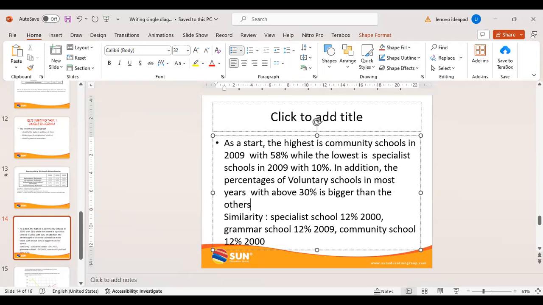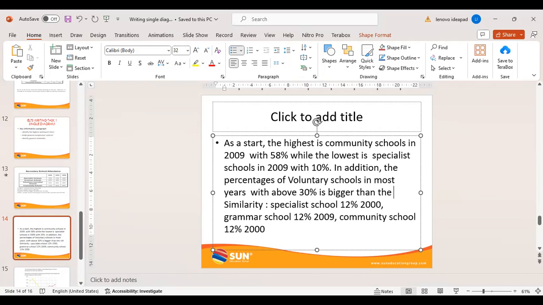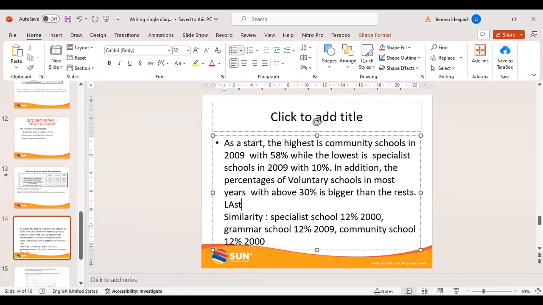If you want to change the others with the rest, it's also okay. Now, similarity is the last, right? Similarity is the last item. So you can put lastly.